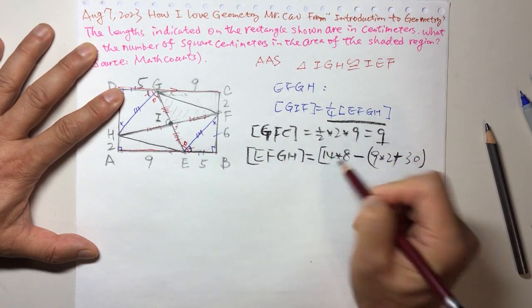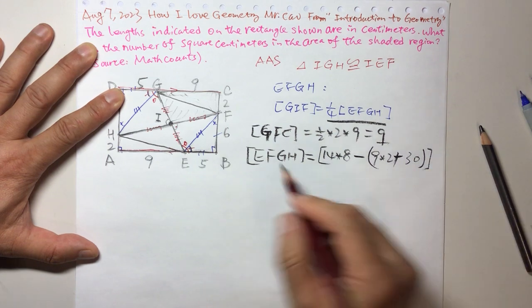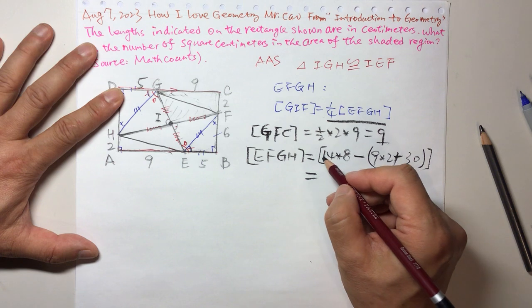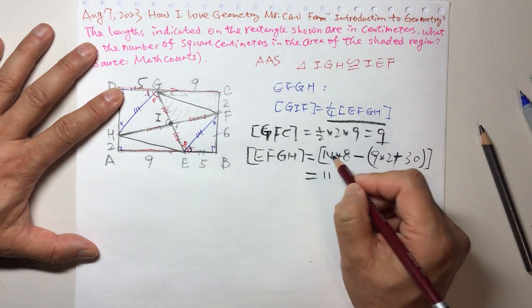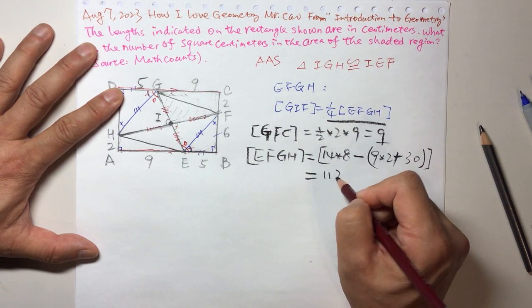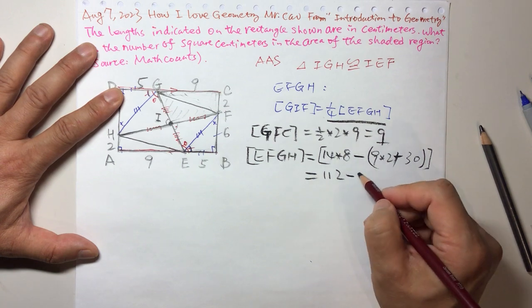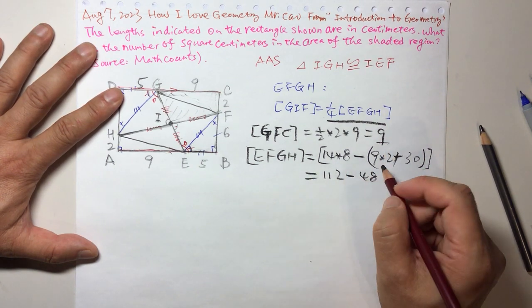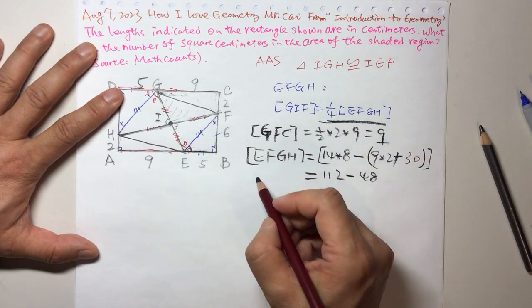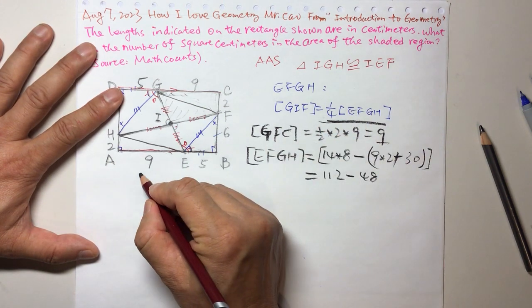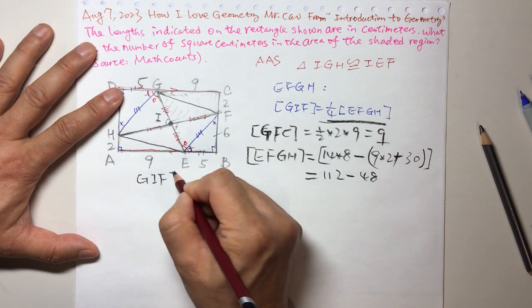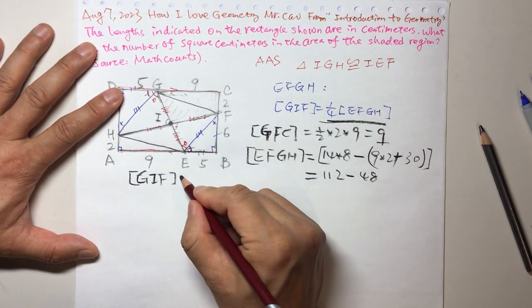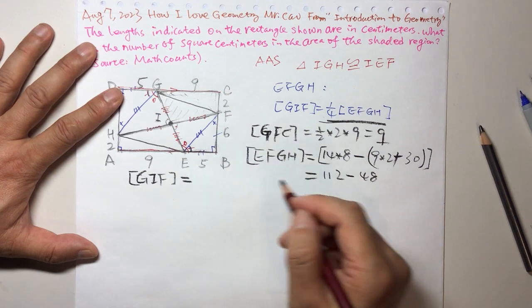So that's the area for EFGH, and we need 1/4 of them. So this is 132 plus 112 minus 48. So if we just need 1/4 of that, so GIF equals what?